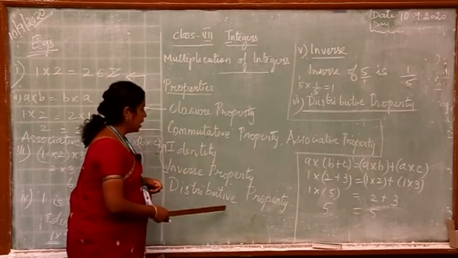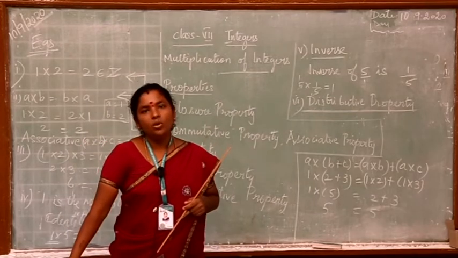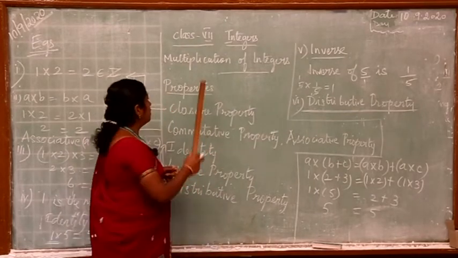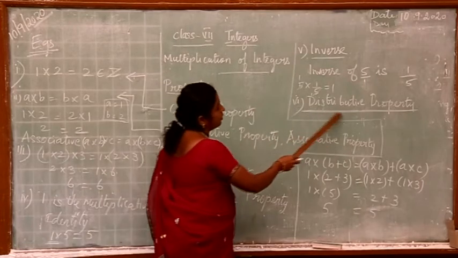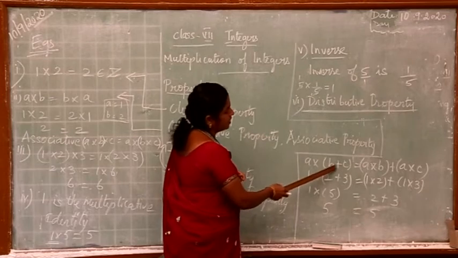Now, we will go for the last property, the distributive property. It is the distributive property under addition, because we are using the addition symbol here.